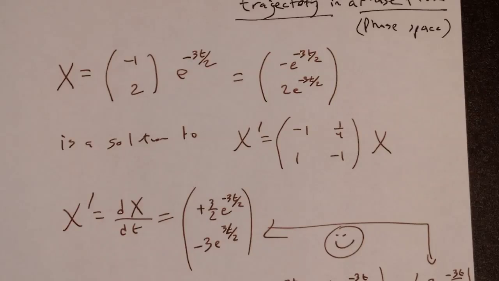Everywhere. That means my interval goes from minus infinity to infinity. If I pick a point in that interval and give you values, we could have initial values, couldn't we? I could actually do this with initial values as well.